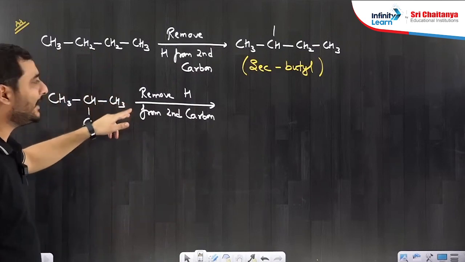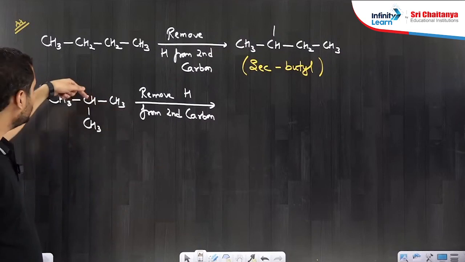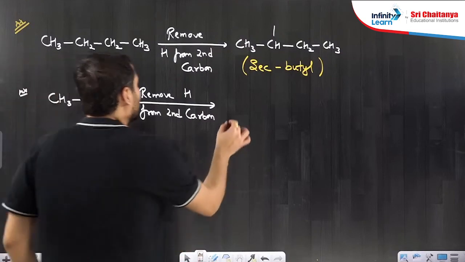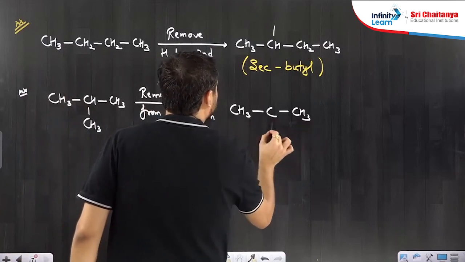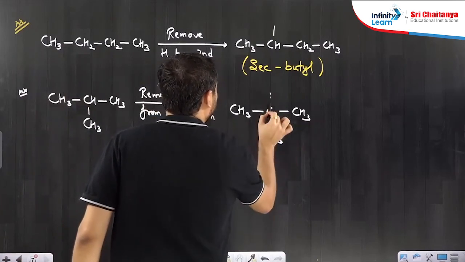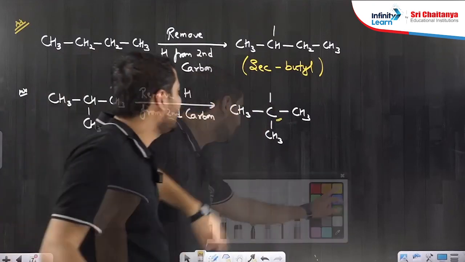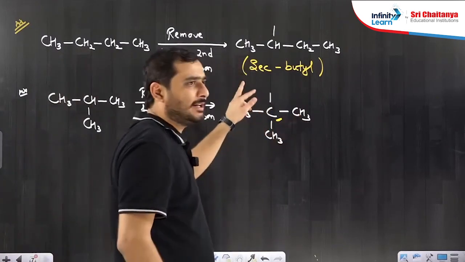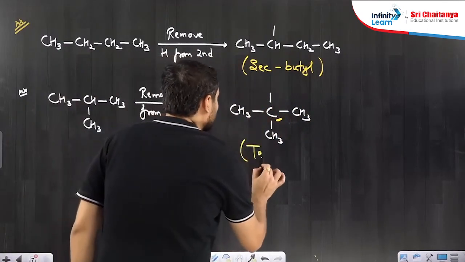If we remove from the end carbon, we get isobutyl. But if we remove hydrogen from the middle carbon, what do we get? CH3C(CH3)CH3, one valency is vacant. Now tell me, what is the degree of this carbon? The carbon is attached to 3 more carbon atoms. So this carbon is a tertiary carbon. That's why this is called tertiary butyl.